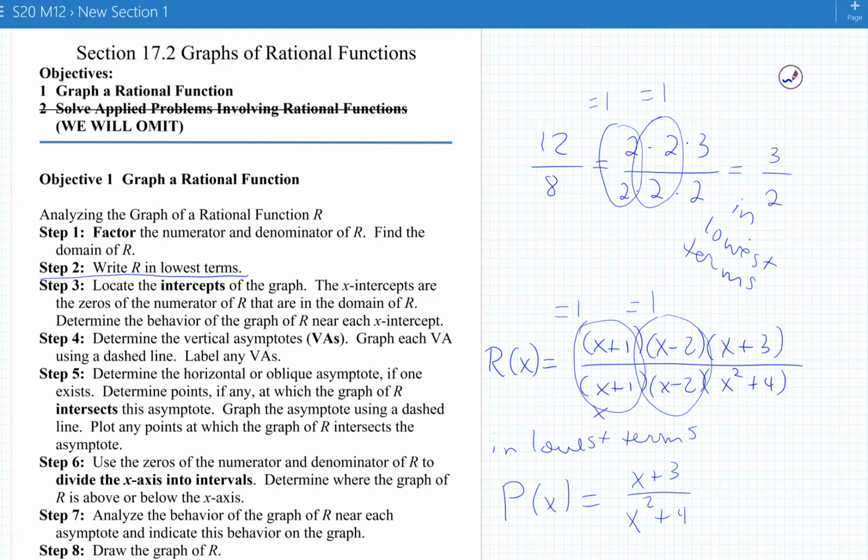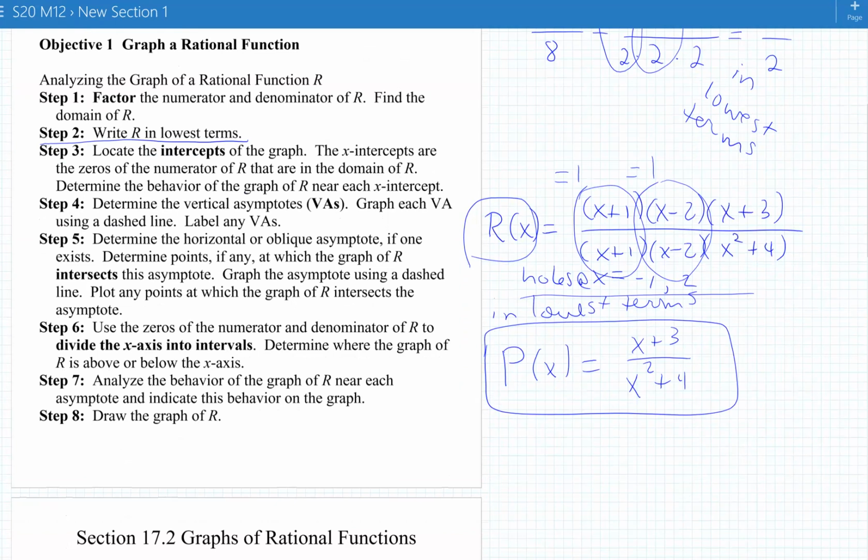Because remember we talked about that this will make a hole at x equal -1 and x equal 2. So this graph and the graph of R look exactly the same except where these two holes are.